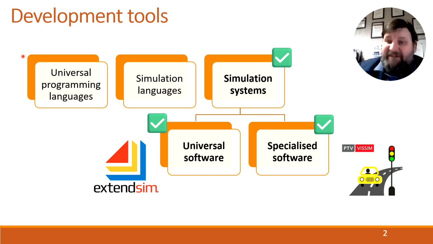It is possible to develop a simulation model just by writing the code, so just doing programming. Any programming language can be utilized: Java, maybe you have heard about this one, Python, C++, or whatever.